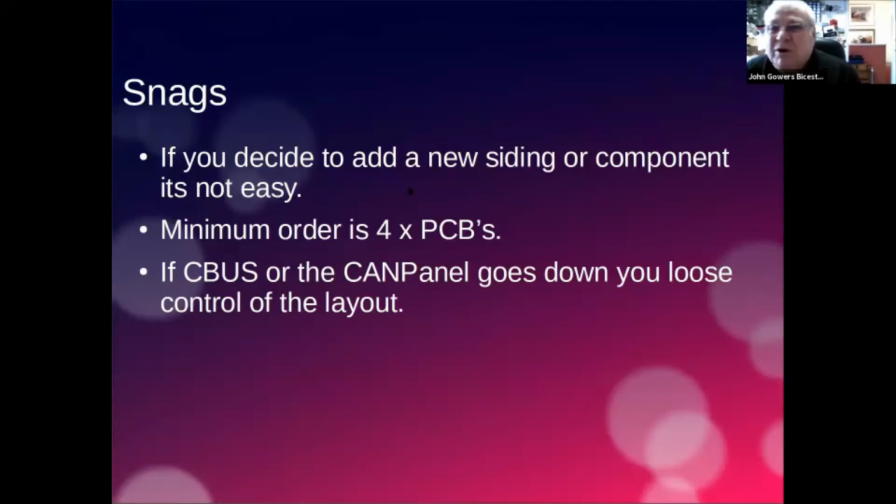It's the sort of thing you might do once you are absolutely definitely settled with what you're going to do. The other thing is that when you order the PCBs from China, which aren't very expensive, you do have to get 4 because their minimum order quantity is 4. So it does mean you have a spare, but it's unlikely you're going to need 4 panels all identical.